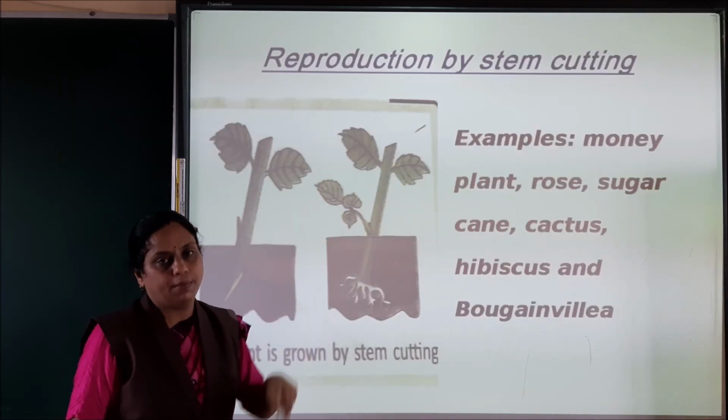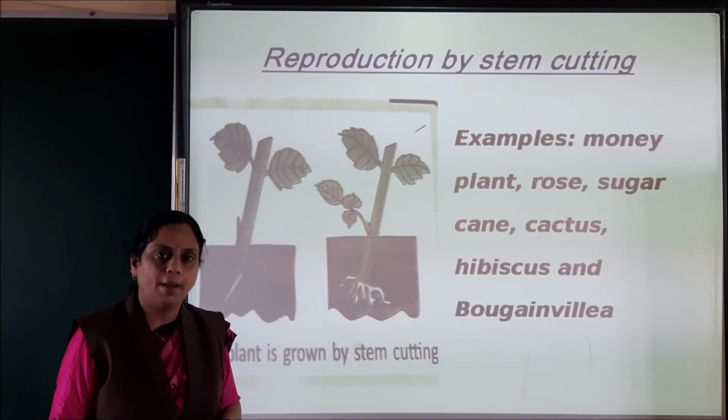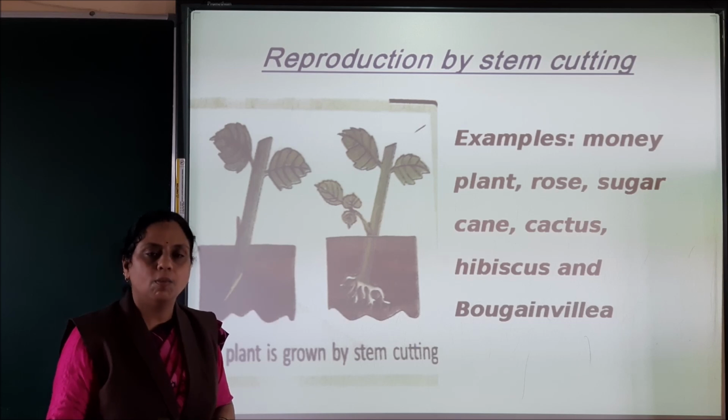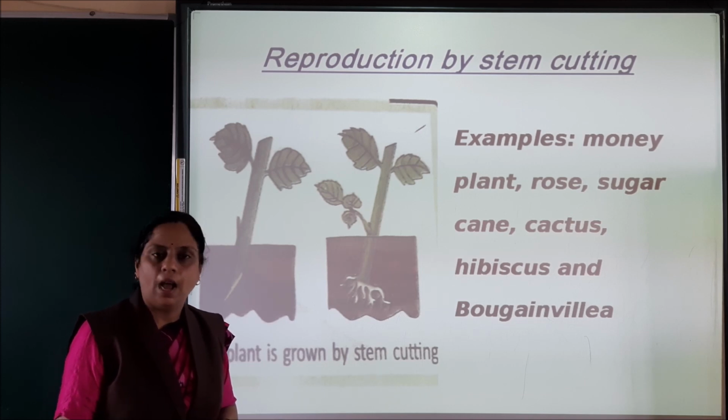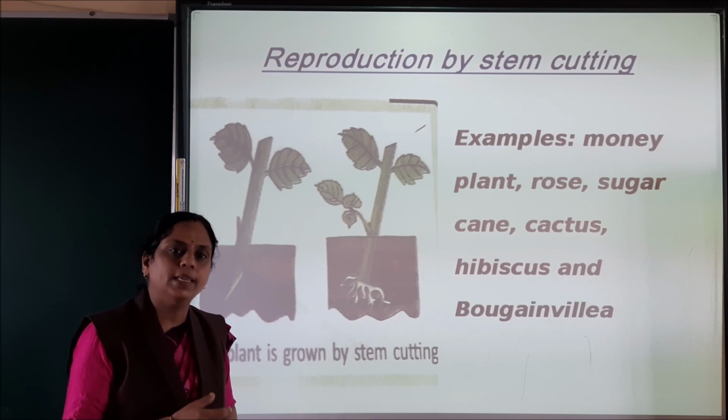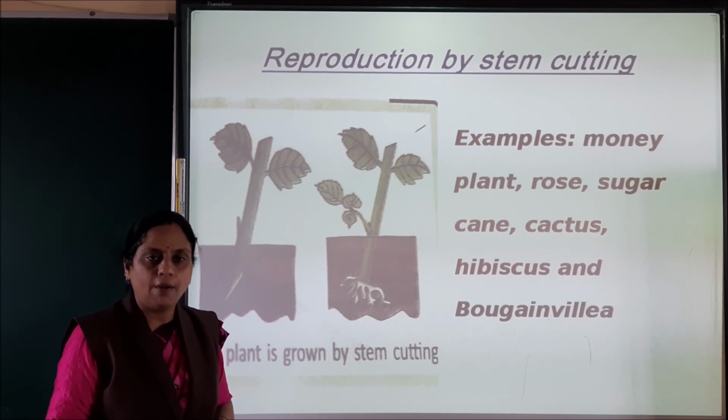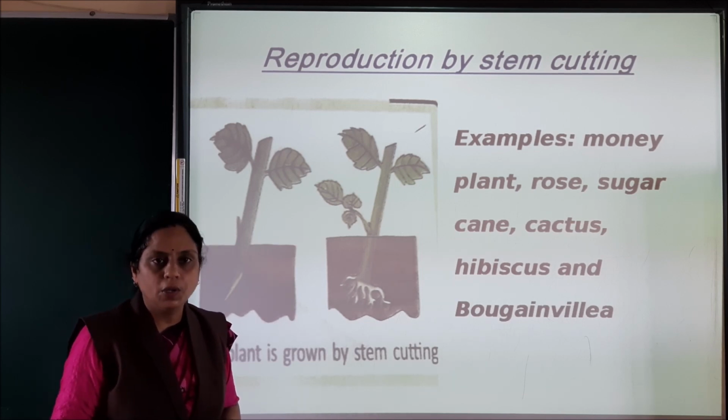Reproduction by stem cutting. In this, children, what happens is you cut a small piece of the stem from the parent plant, and then what you have to do is place it in the soil. After planting in the soil, what will you observe?